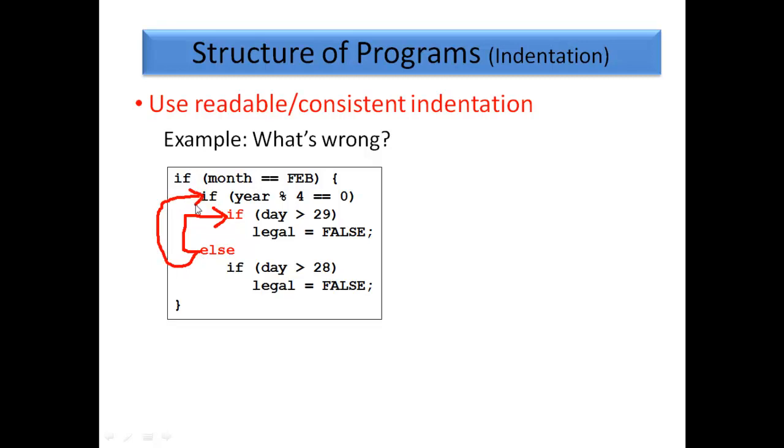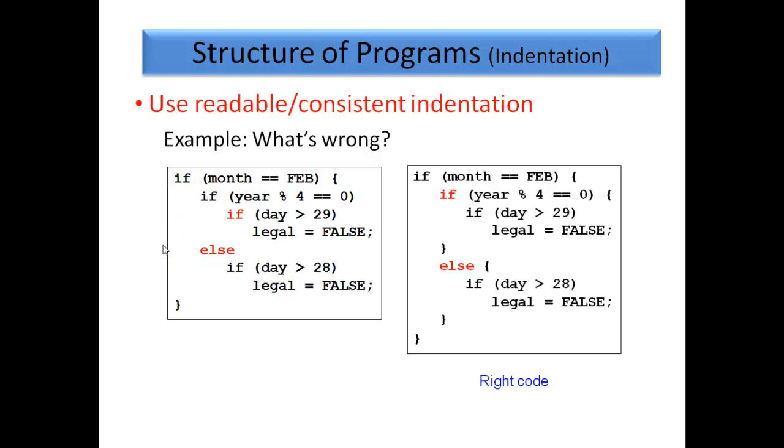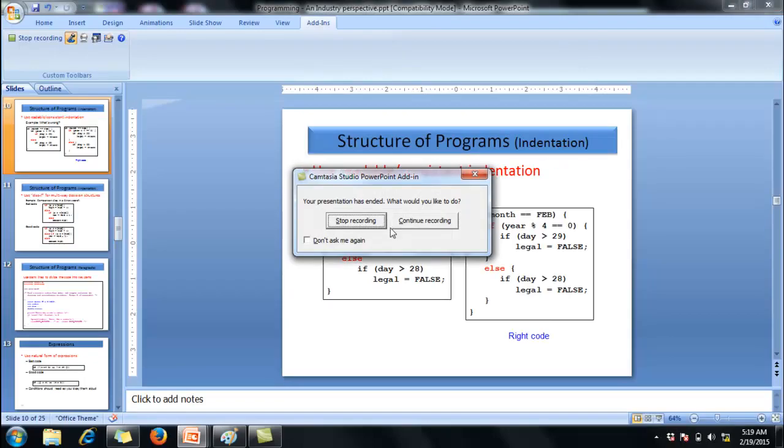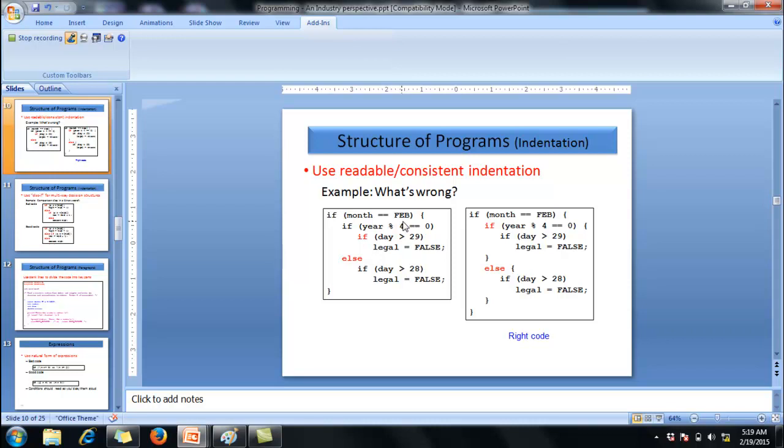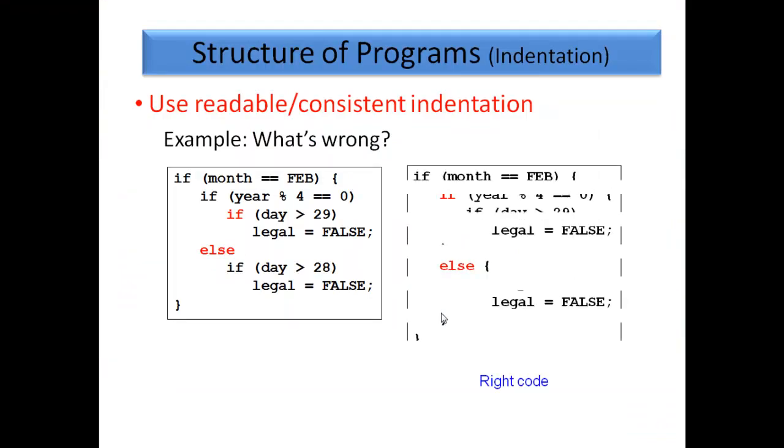So if you want to make that happen, the code has to be modified. How should it be modified? We have to include curly braces like this. Now this else is going to be part of this if statement. This is what we are trying to say using this example.